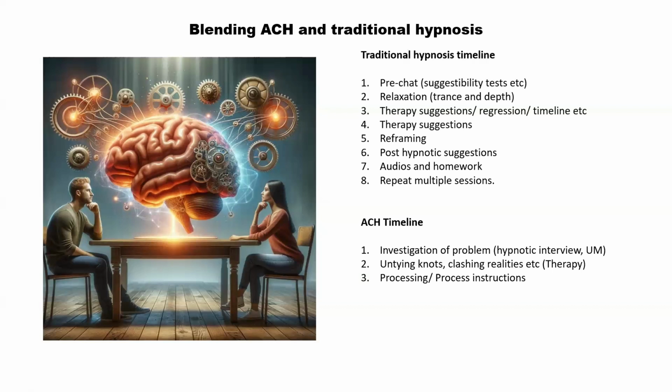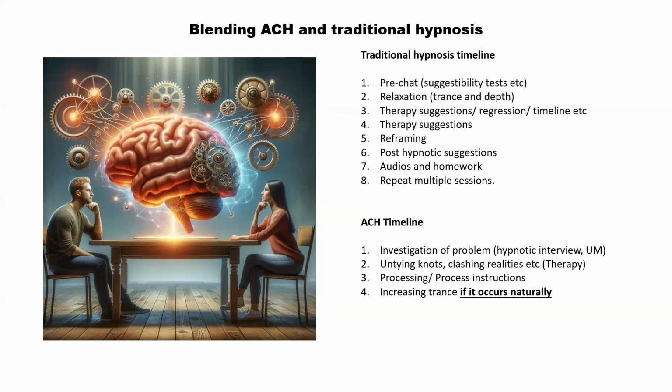Then we do allow our client to go into what is called processing, with some process instructions. That's when they're very internal. You could call this the start of the trance. That's when they're very internal and they're breaking down these old knots, these old patterns, these old ideas, thus creating some new emerging phenomena, which we know are aha moments. Then we begin to increase trance.